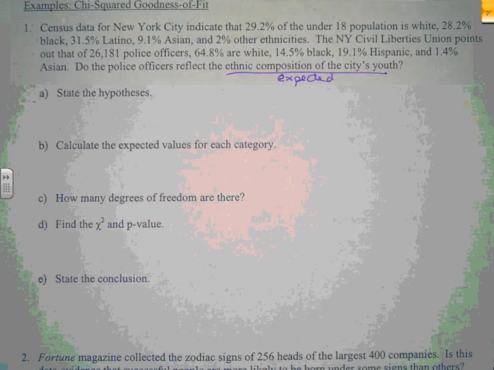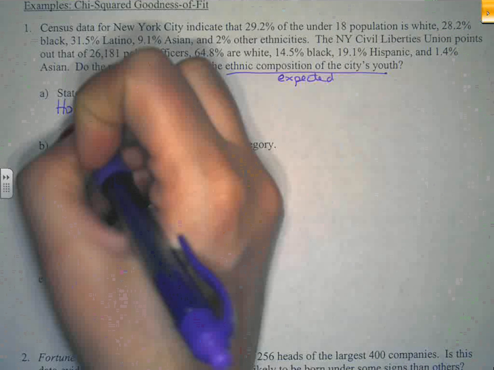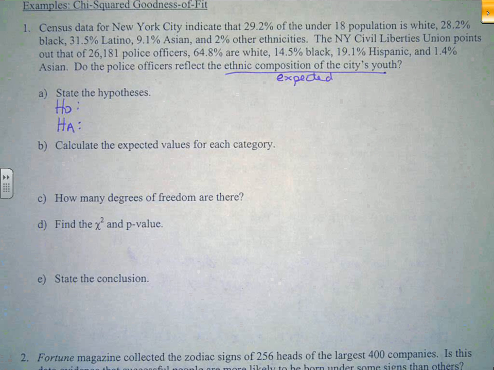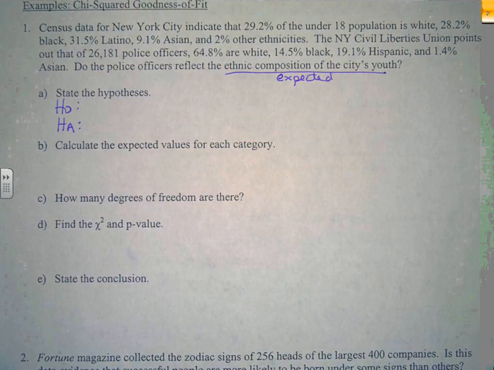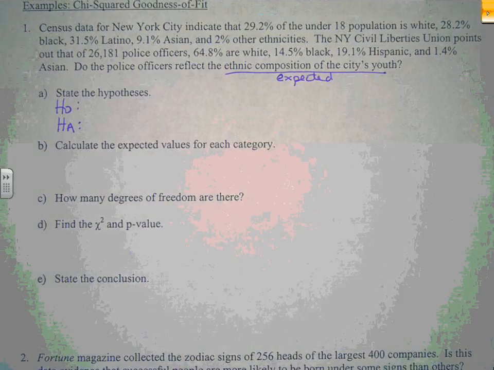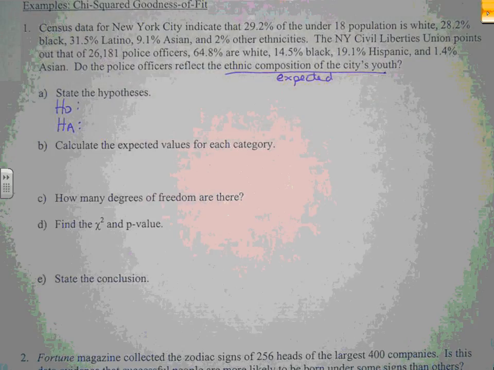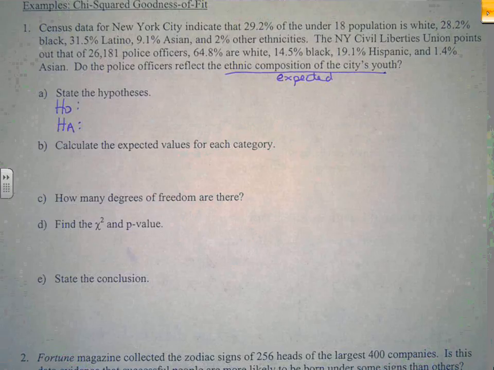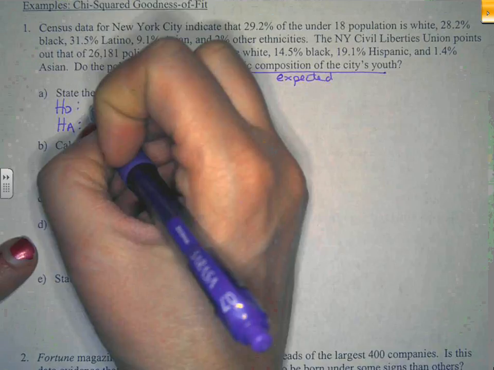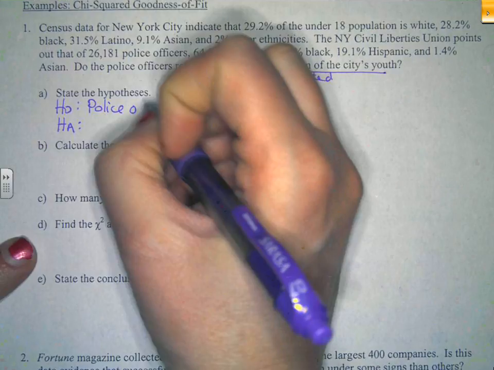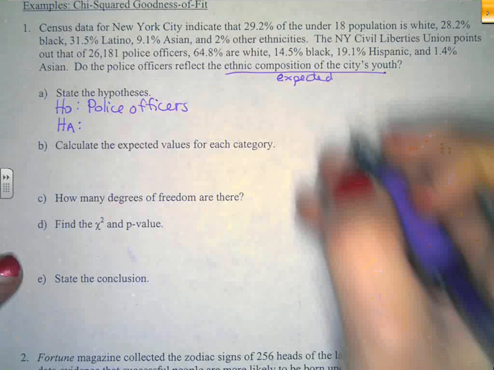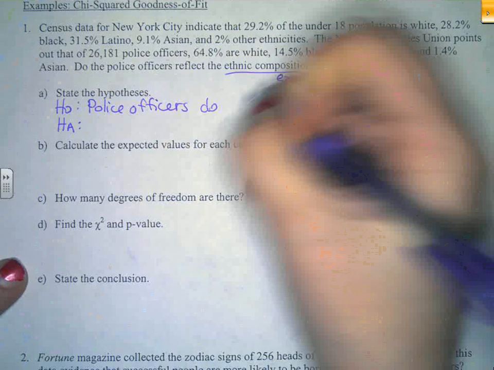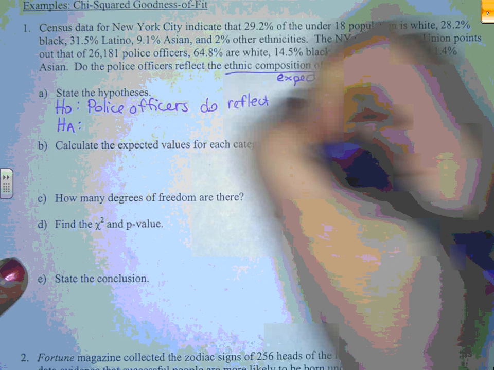Okay, so first thing I do, write our hypotheses. You have to do it in words. The null hypothesis is always that it does fit what is expected. So we have to put it in context. Our null hypothesis would be that police officers do reflect the ethnic composition of the city's youth.